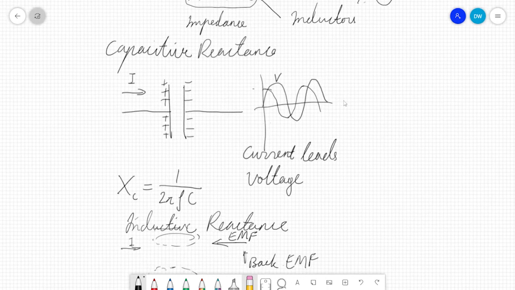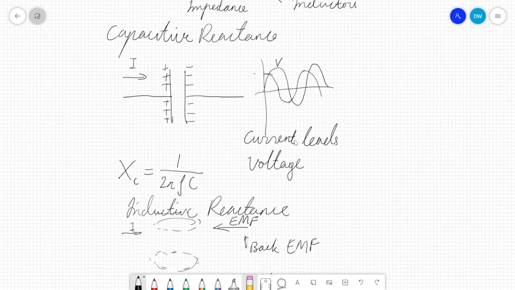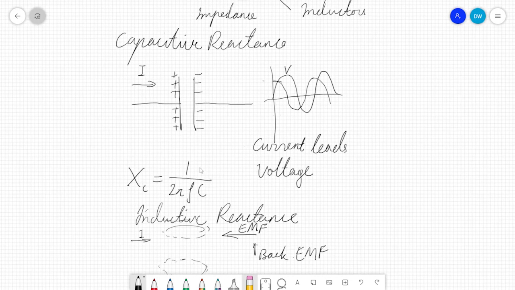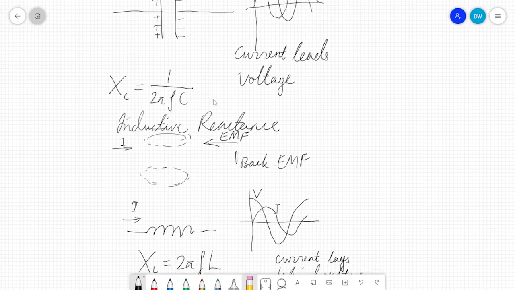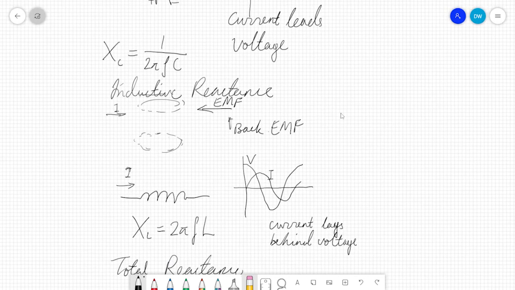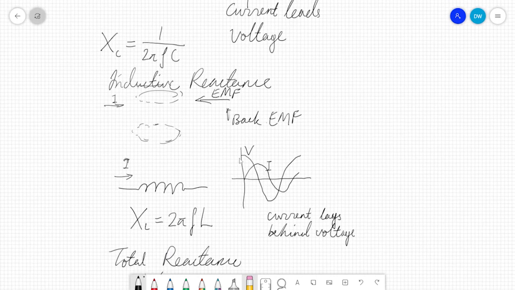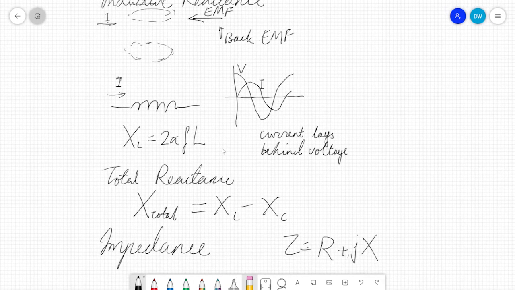So in capacitive reactance, current leads the voltage, and the reactance is inversely proportional to the frequency. So the higher the frequency, the less reactance. And in inductors, the current lags behind the voltage, and the reactance is proportional to the frequency. So the higher the frequency, the greater the reactance.